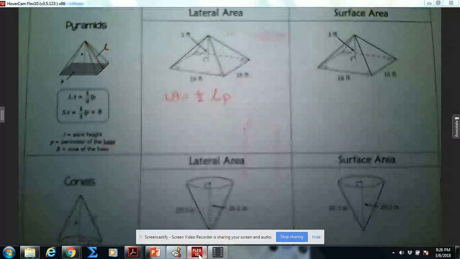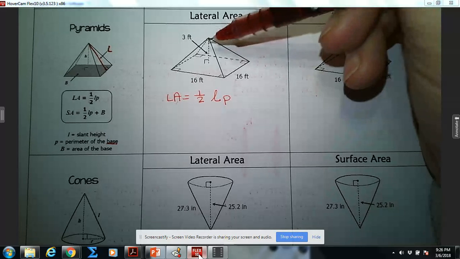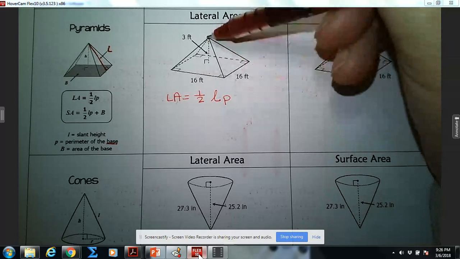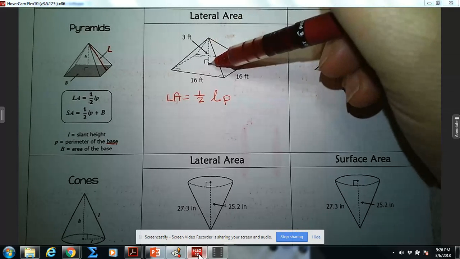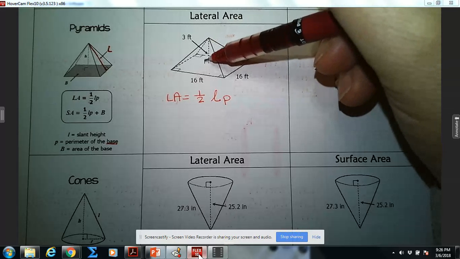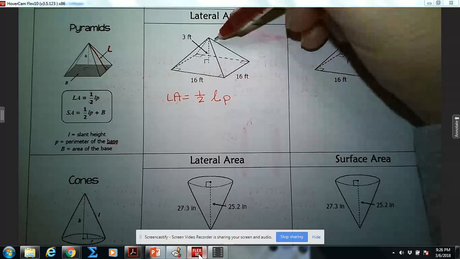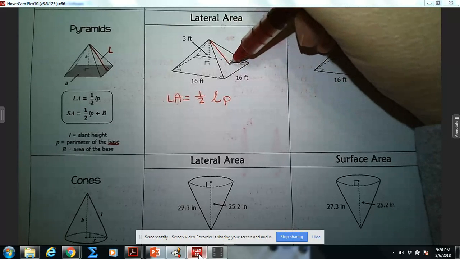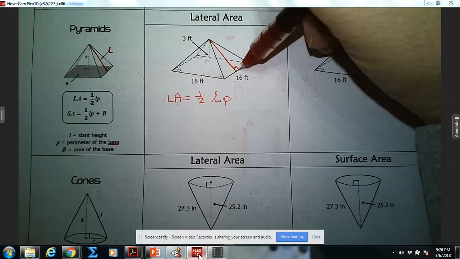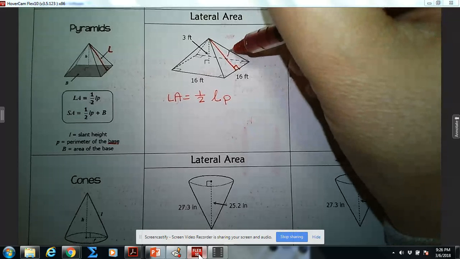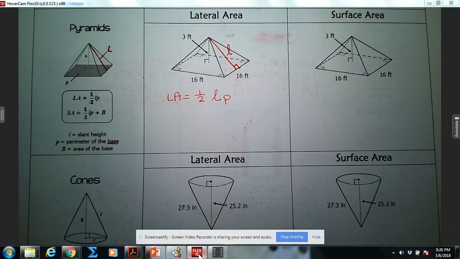Okay, so let's take a look at our picture here. We have not been given a slanted height. We have been given a true height. A true height goes straight down in a perpendicular path. What we need to find is the slanted height. I've just drawn in where the slanted height might be. So in order to find it, we're going to do a little breakout session, and you've really got to use some good spatial reasoning here.